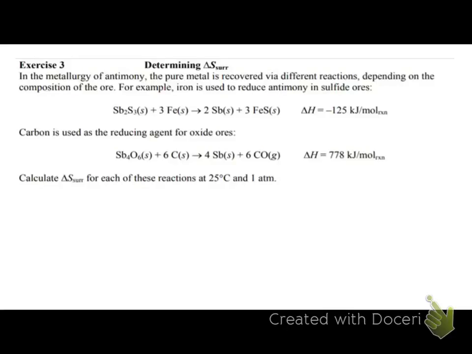Okay, so we have the first one, the antimony, and then carbon is the other one. So let's do the first one first. We're going to call this 1 and 2.